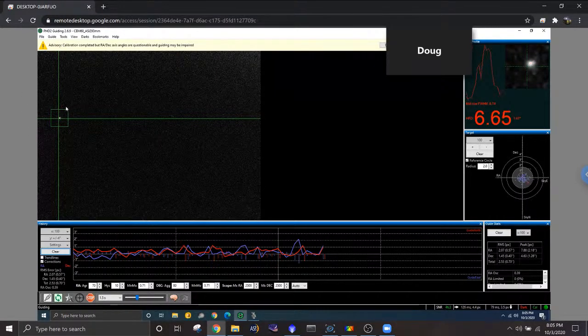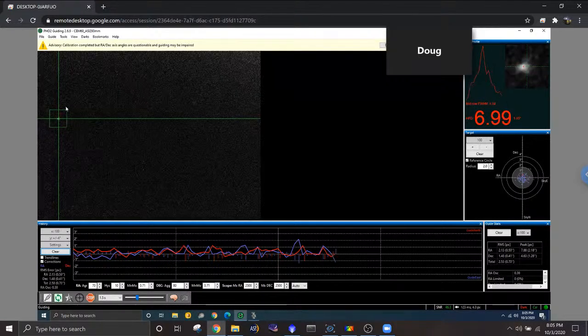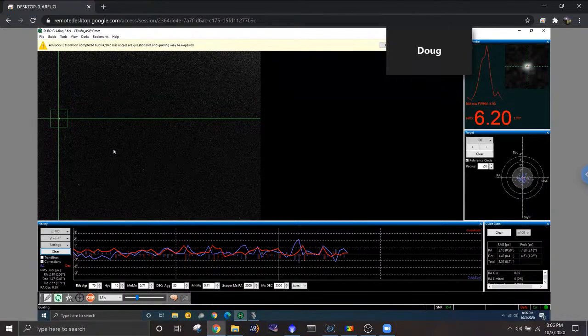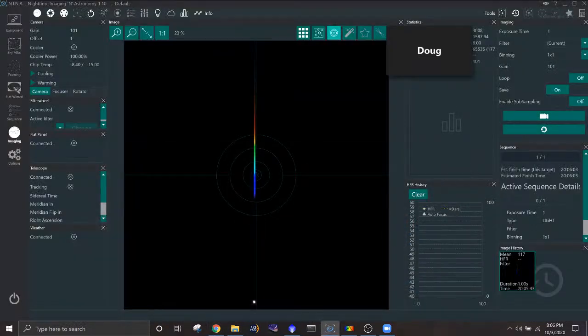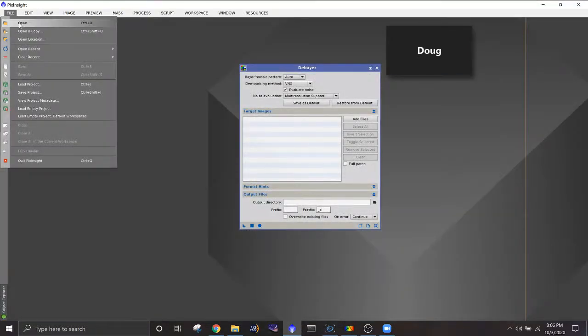Because the Earth is rotating and we have to compensate for that using the telescope mount, and it tracks. But that tracking is never perfect, so I have a separate camera here doing that. So, okay, I think it's taking the exposure. Then you have to do this quick process.